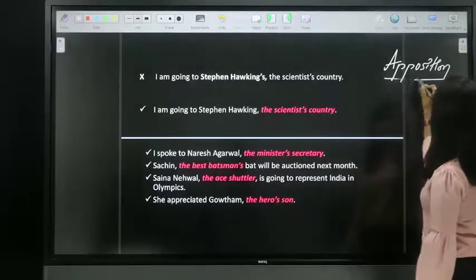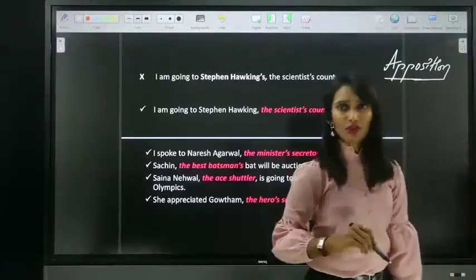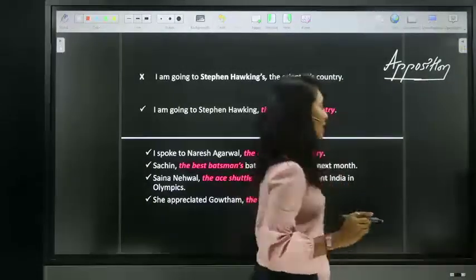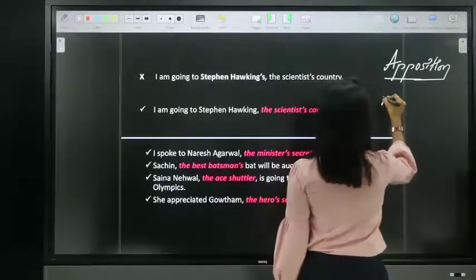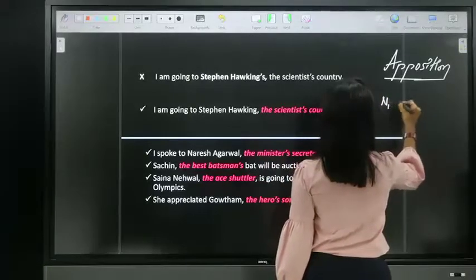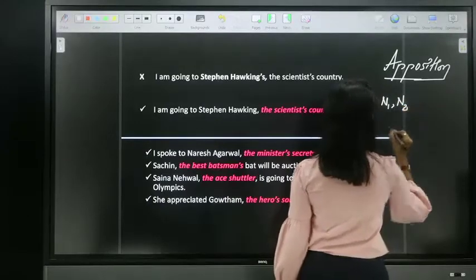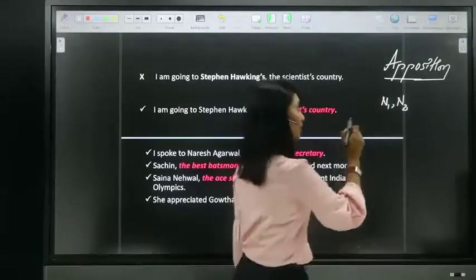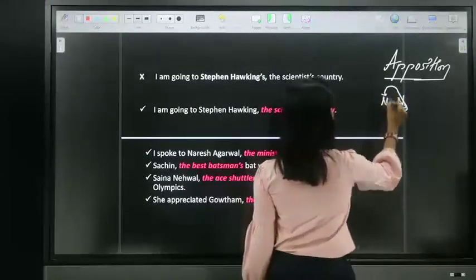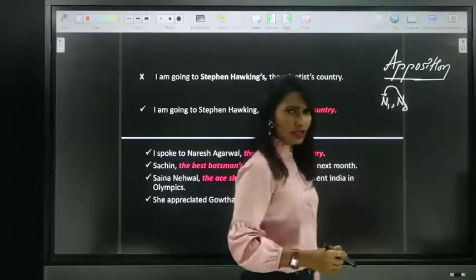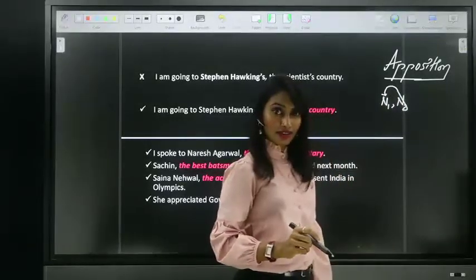You might have remembered this apposition. So what is this apposition? When two nouns, noun 1 and noun 2, are placed next to each other and noun 2 is describing noun 1, then the two nouns are said to be in apposition. That is what we have discussed, right?